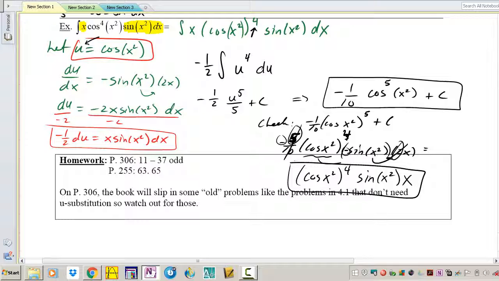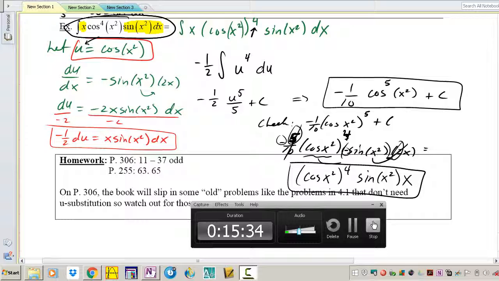And there's my final answer, which is the same as my integrand in this problem. Okay, so there's the u sub. Hopefully you guys enjoyed it, and it just takes some practice to actually learn these problems. The last two problems are like the advanced u subs, but with practice, nothing's impossible. So I'll see you guys in class.